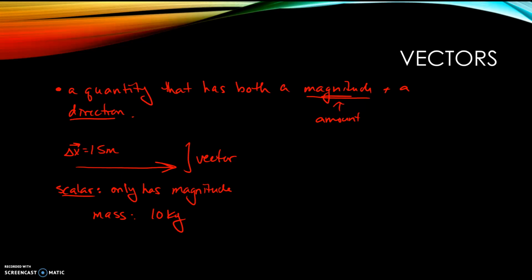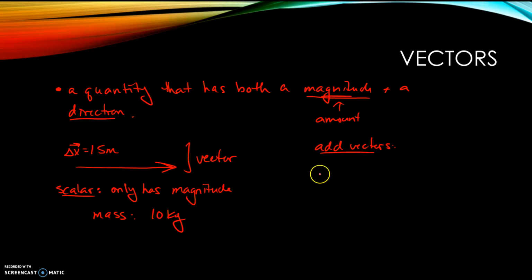Now, as we go on, when we have a lot of vector quantities in the same place at the same time, we'll have to add them together or subtract them in certain ways. For right now, we're going to limit our study to just vectors that point along the same line.